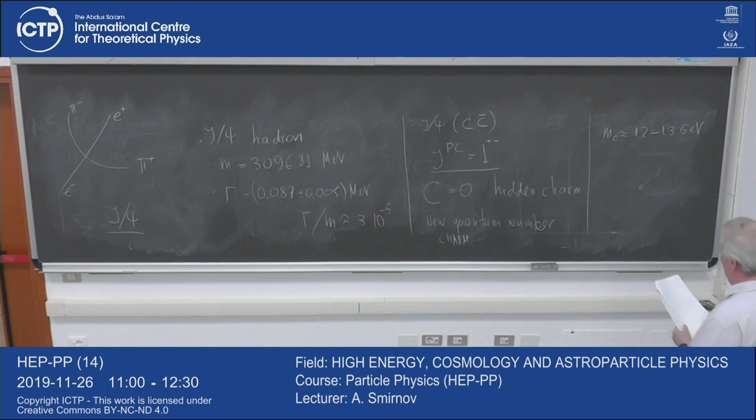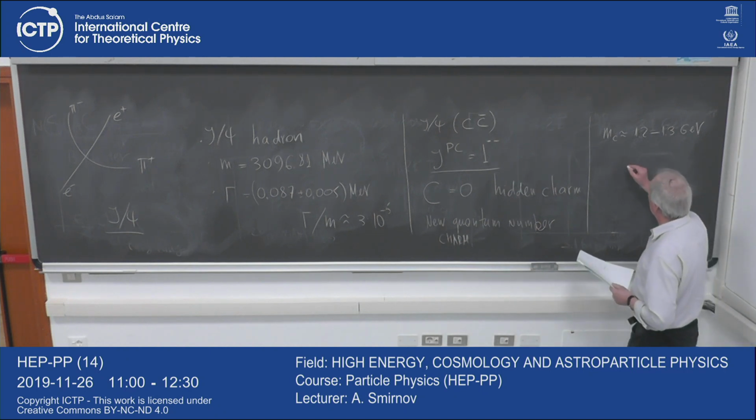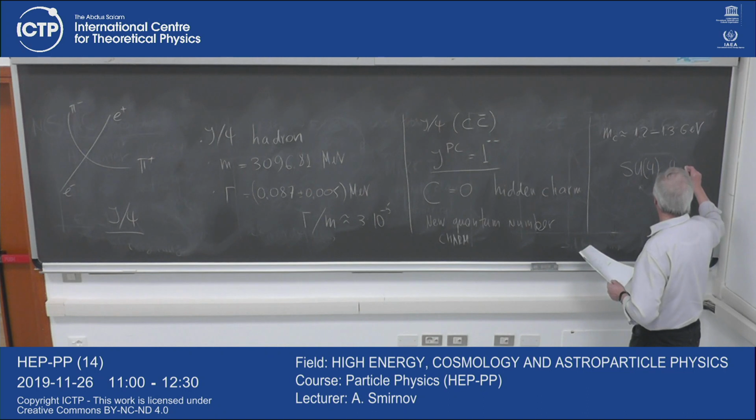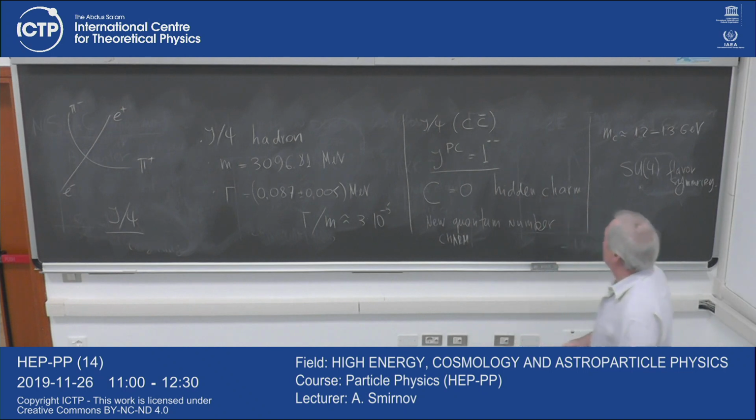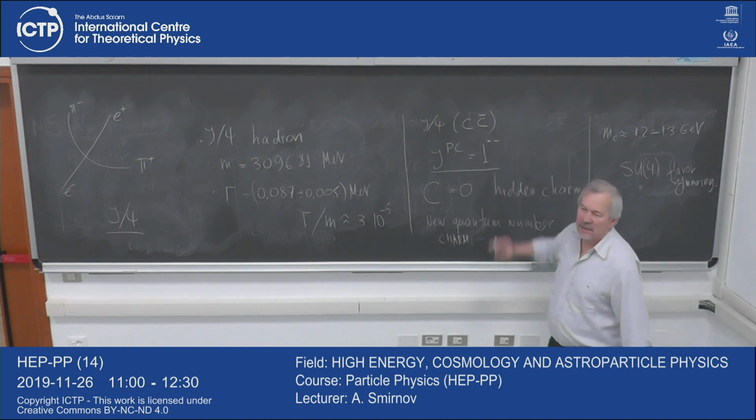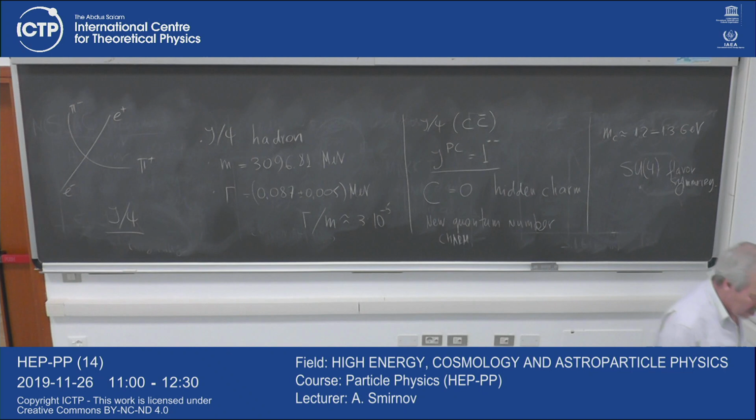So adding a fourth quark means that now we deal with SU(4) flavor symmetry. In this sense, it's similar to what we have for spin 1, like the photon, right?